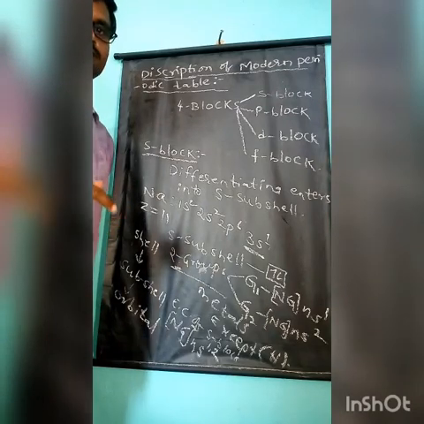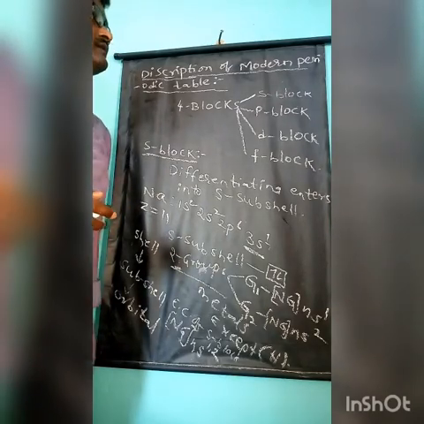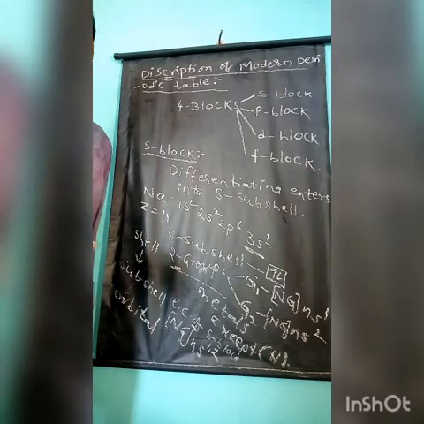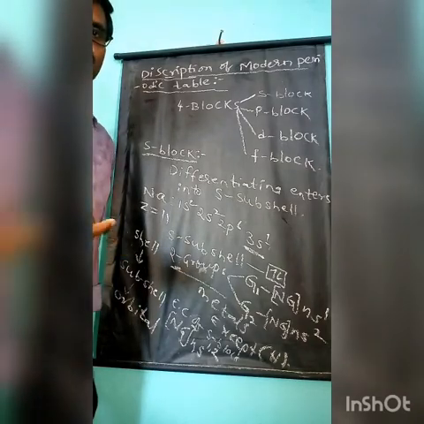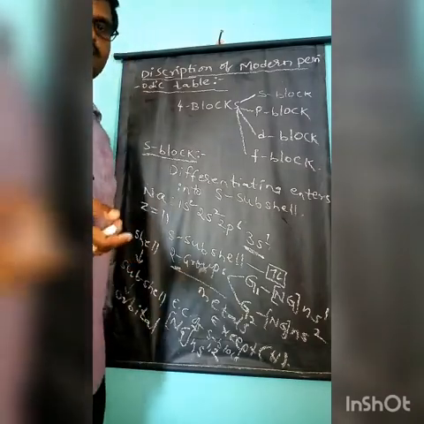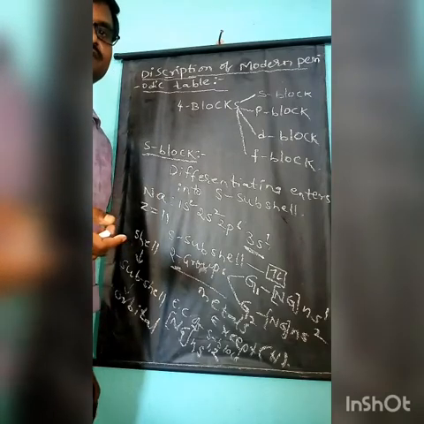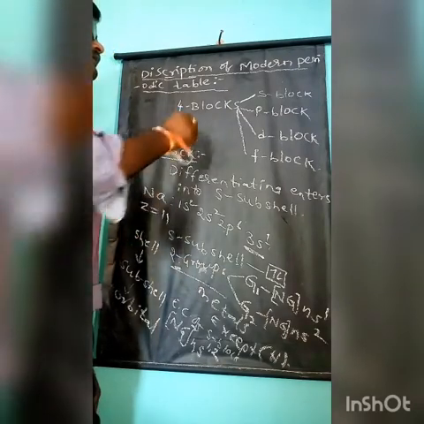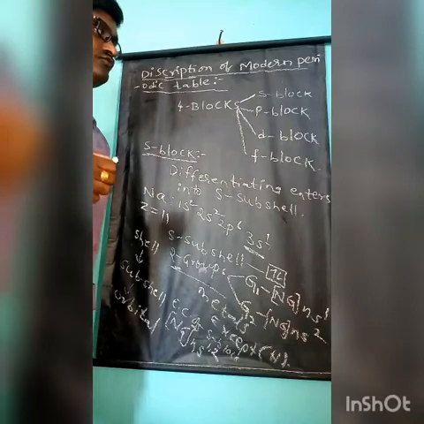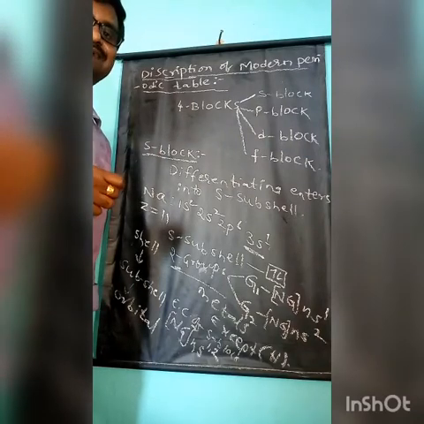Next point. The modern periodic table divides into 4 blocks.